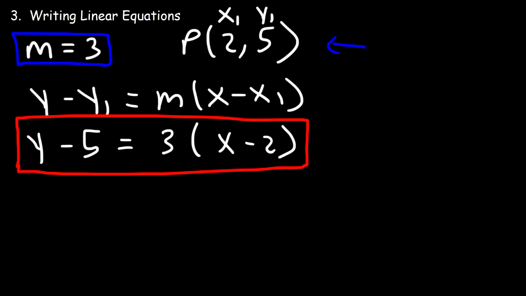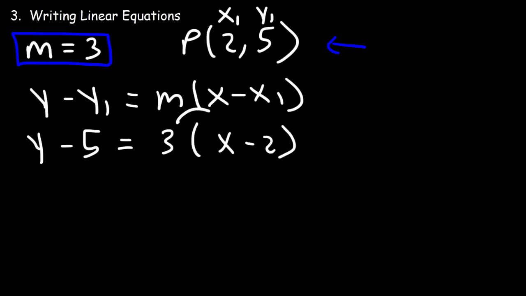point-slope form. Now sometimes you may need to convert it to slope-intercept form, y equals mx plus b. And all you need to do is get y by itself. So let's go ahead and do that. The first thing we need to do is distribute the 3. So we have 3 times x, and then 3 times negative 2, which is negative 6.